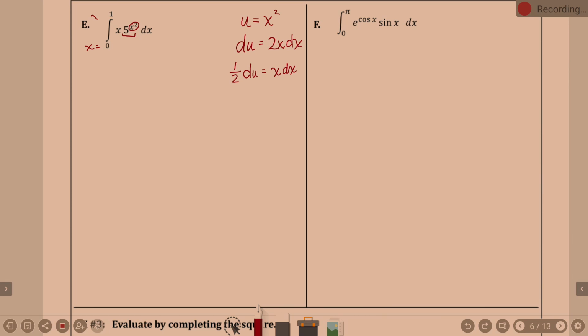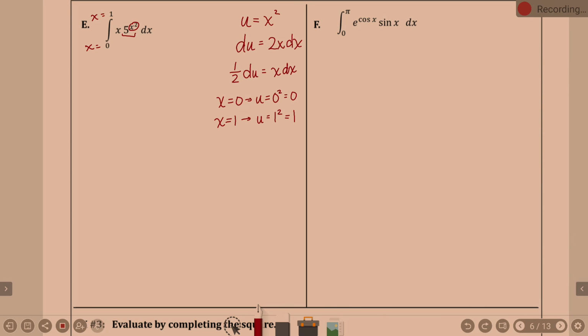These are x's. If x equals 0, u is 0 squared, which is 0. If x equals 1, u is 1 squared, 1.